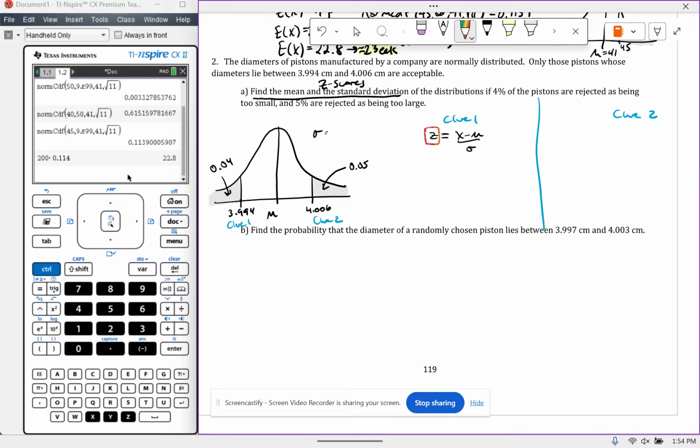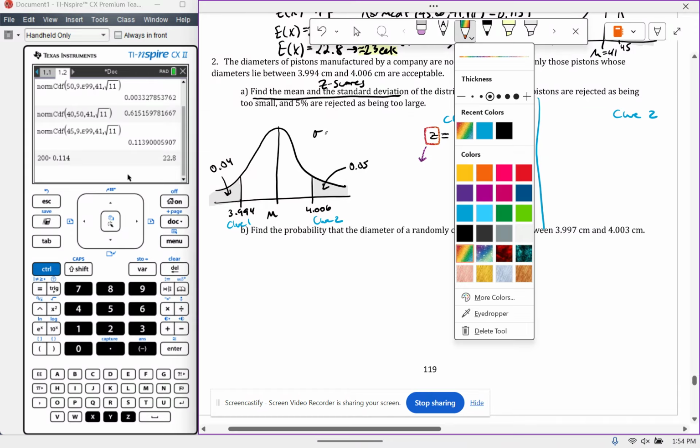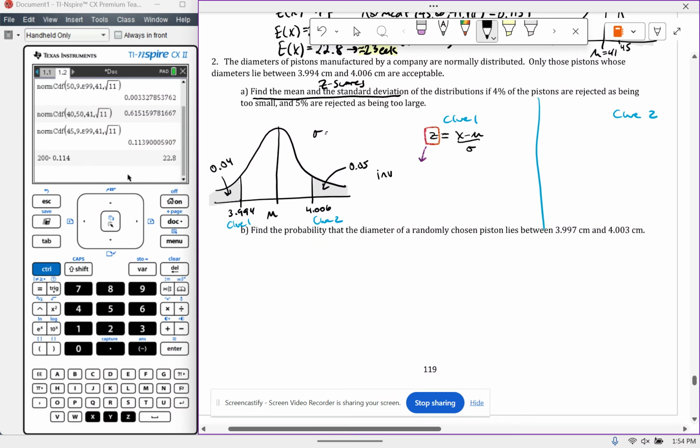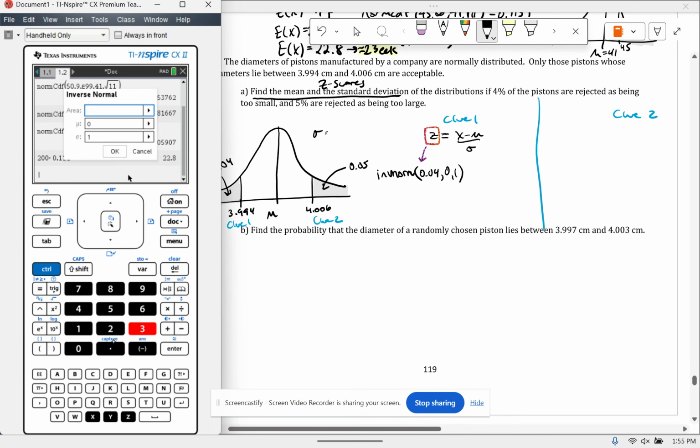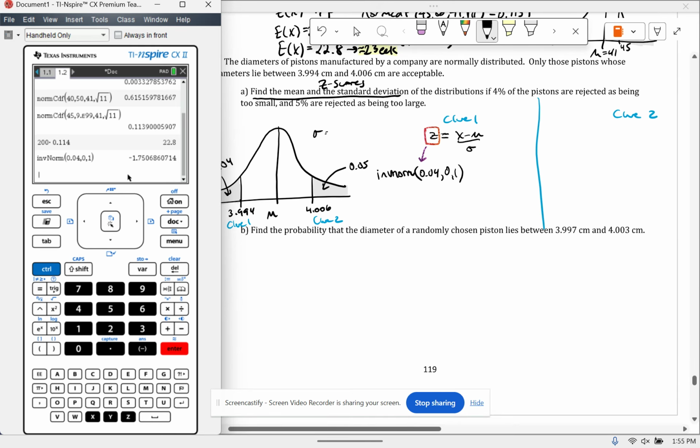We can find the z-score by finding the inverse norm of that portion of the data, the area to the left of it in the standard normal distribution curve. Watch. Okay, so I'm in here. Menu 5, 5, 3. Area is 0.04. Okay, so that's my z-score.